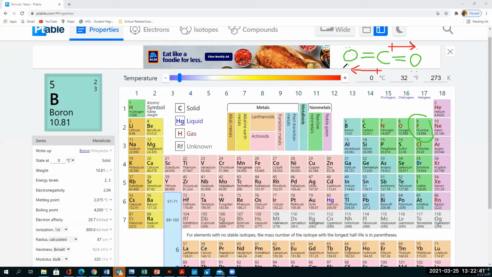No one. No one would win, right? And that's what's happening here. You have twins on both sides. You have oxygen on both sides. Both of them are pretty strong compared to the person in the middle. But since they're exactly the same on both sides in terms of polarity, it's not going to have a polarity as a molecule. So for bond polarity, oxygen is going to be favored, right?